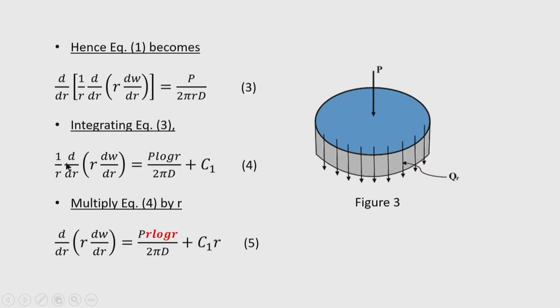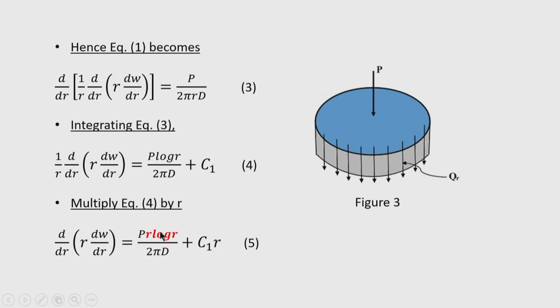So, multiplying both sides by r, we now write d/dr(r dw/dr) equal to P r log r divided by 2 pi D plus C1 r. That is just after multiplying by r, we get this expression, equation number 5.